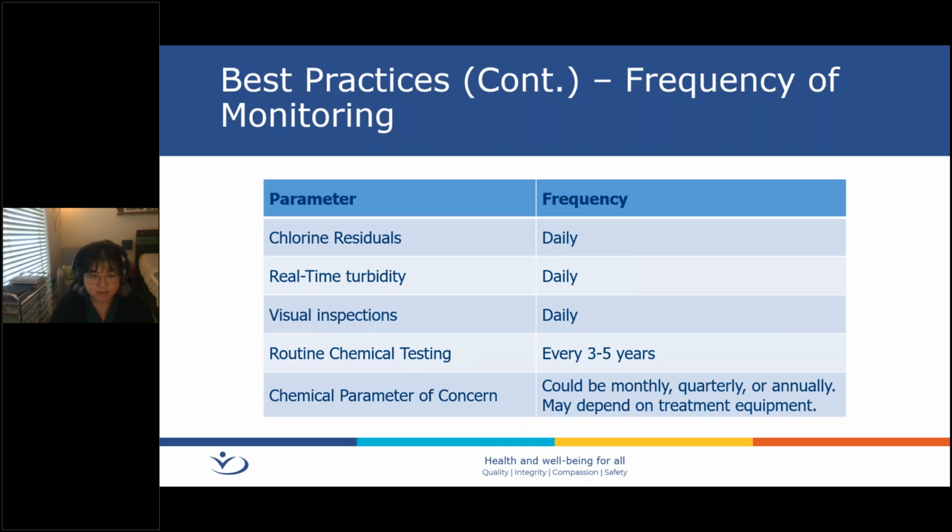Visual inspection should be conducted daily. Routine chemical testing can be done every 3 to 5 years. And if there's any chemical parameter of concern, it could be done monthly, quarterly, or annually. And also, if there's a treatment system in place to treat the chemical, then that would be something that you would discuss with the drinking water officer as to the number of samples that need to be submitted for that chemical.